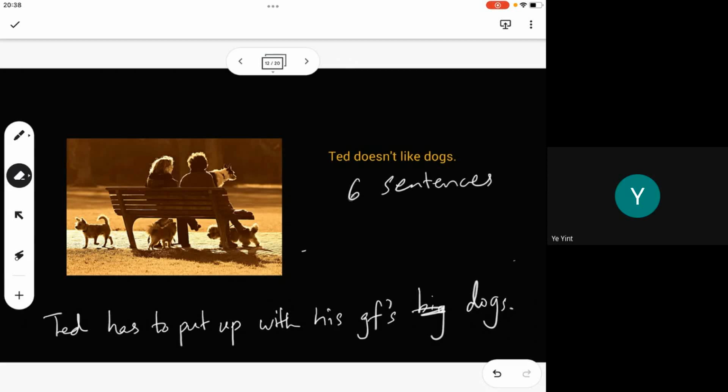And the most terrifying experience for him must be one dog sitting on his thigh. I'm sure time might go slower than at other times at that moment. And finally, he is wishing to skip that moment by using a time machine.